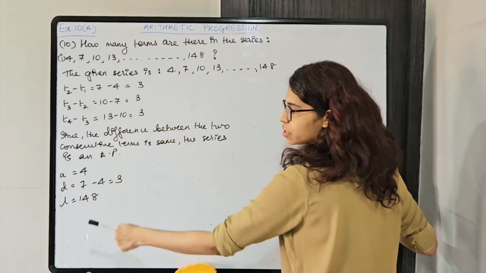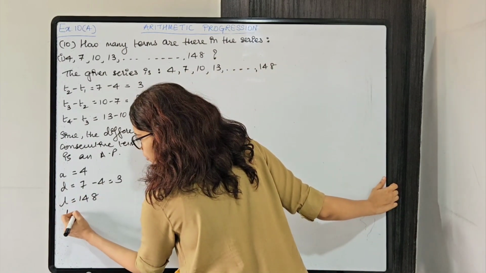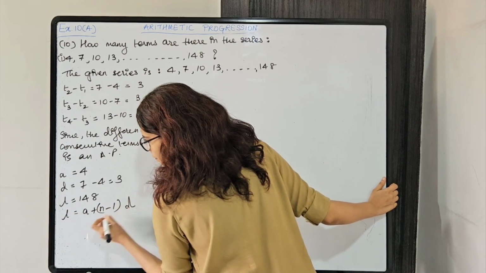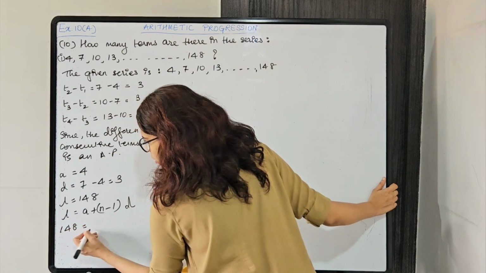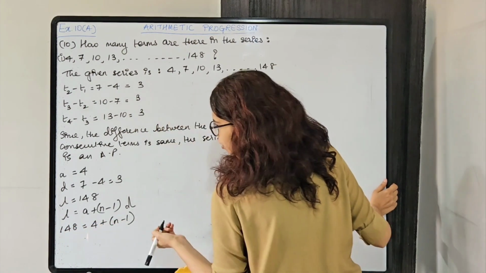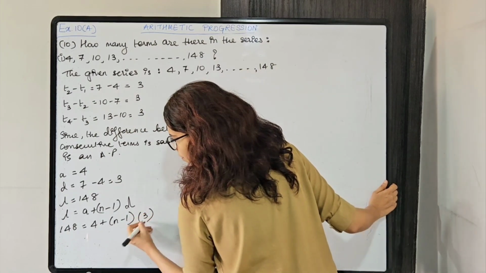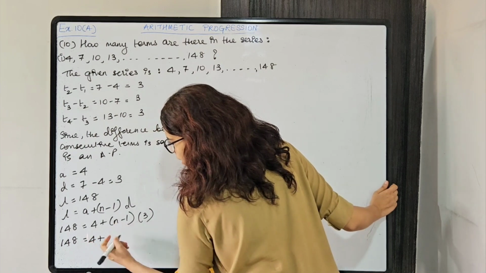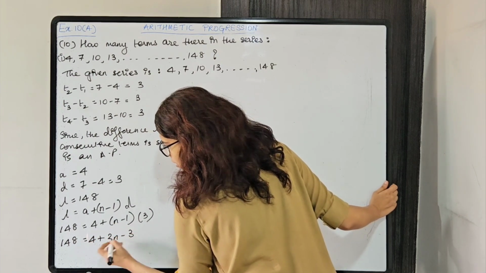Now what is the formula for l? Just write down the formula, a plus (n minus 1)d. So 148 is equal to 4 plus (n minus 1) into d, which is 3. So 148 is equal to 4 plus, opening the brackets, 3n minus 3.